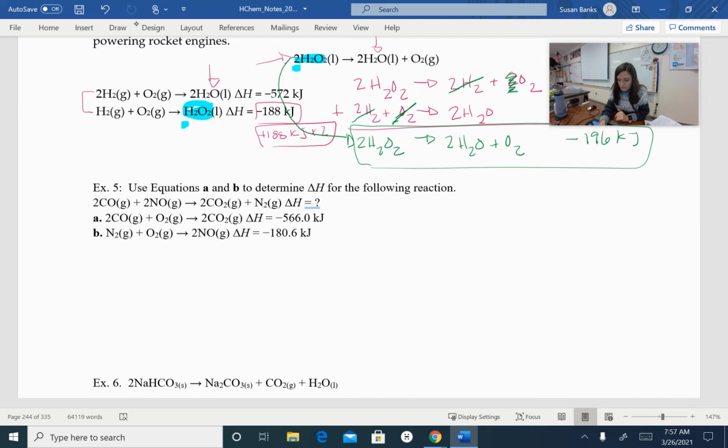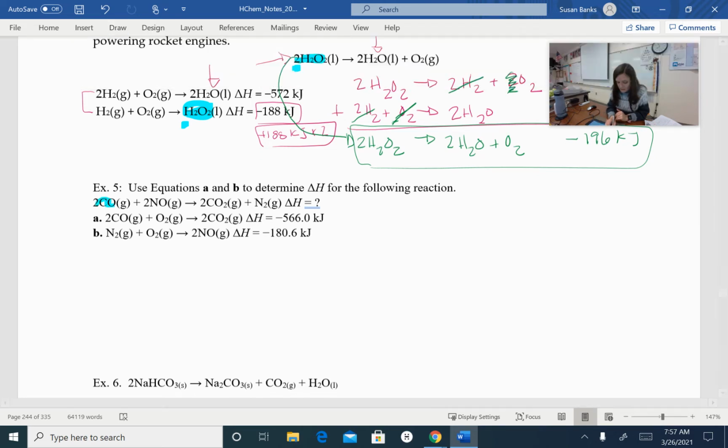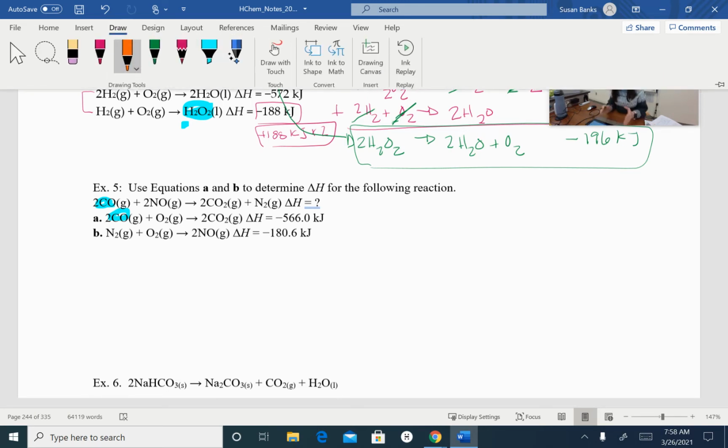The first thing I'm going to do is look at where there is carbon monoxide. Okay, so where do you see carbon monoxide? I see it right here, and there's 2 of them. So I don't have to reverse this equation because they're both reactants on both of these equations, and I don't have to double them. So I'm going to just write the equation the way it is.